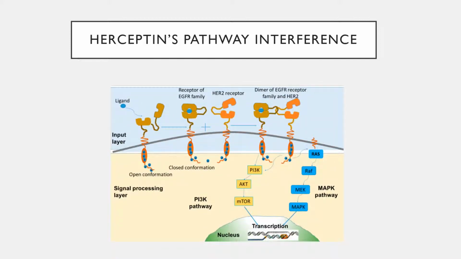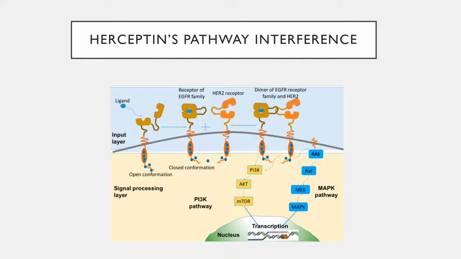And now this figure here is just a schematic diagram of HER2 signaling pathways. So of course you have your ligand binding to the EGFR receptor, which will then combine with the HER2 receptor, inducing them.